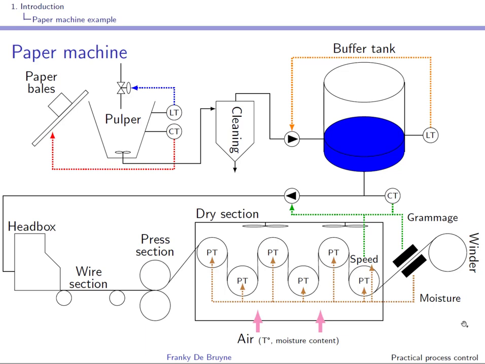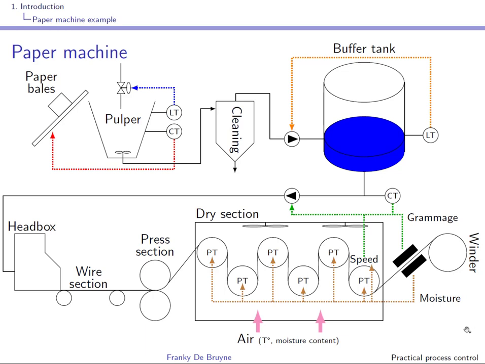Next the paper web enters the dryer or dry section, and the paper runs on steam heated cylinders to evaporate the remaining moisture content. The temperature of the cylinders is controlled using the steam pressure.